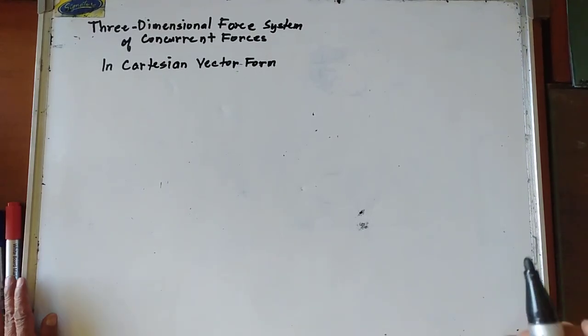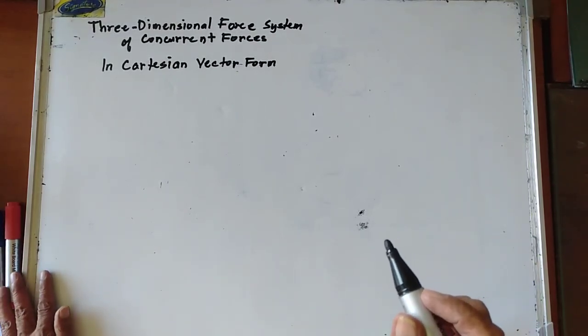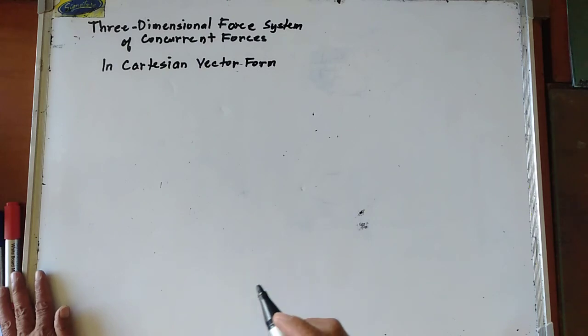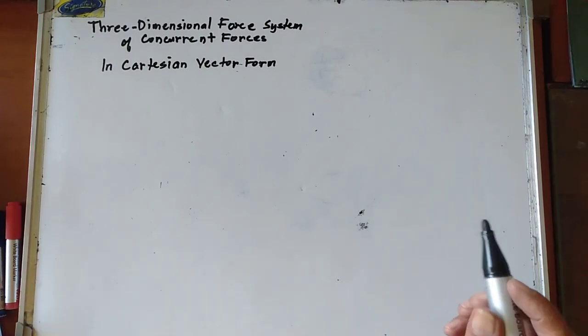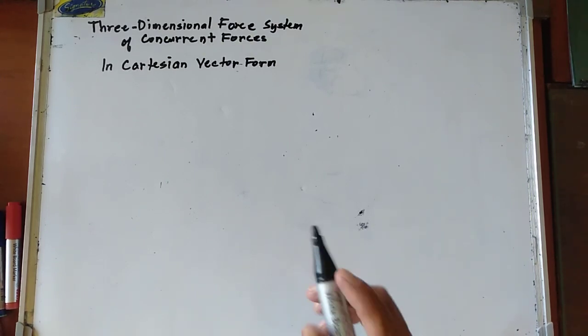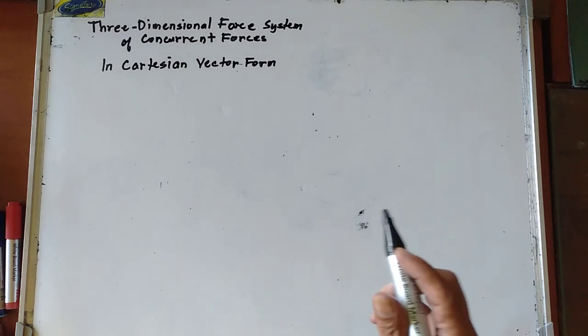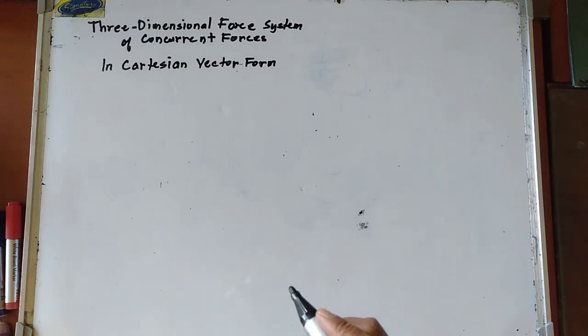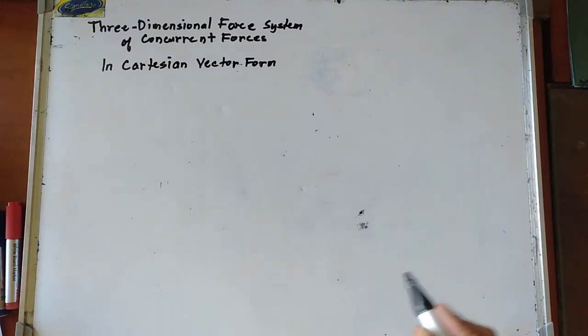Okay, let us now proceed to three-dimensional force system of concurrent forces. Now, try to recall that a force system is in equilibrium when the resultant force is equal to 0.